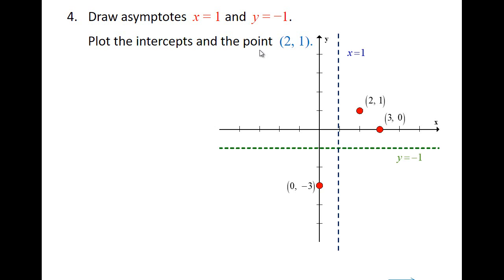So this is the y-intercept that we obtained in the first step. This is the x-intercept that we obtained in the first step. The green dotted line is the horizontal asymptote, and the blue dotted line is the vertical asymptote.